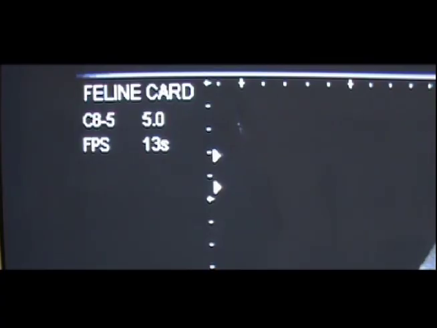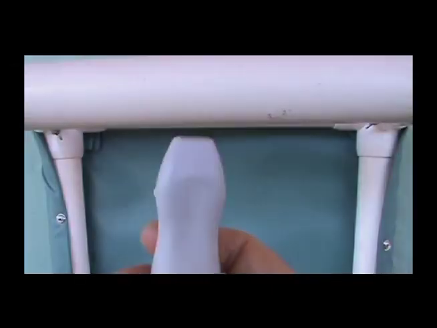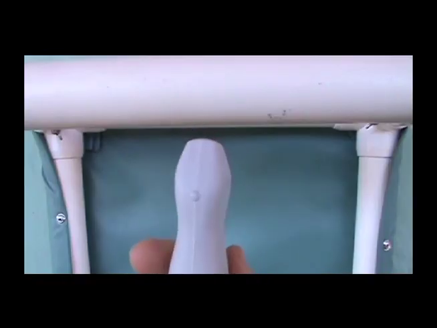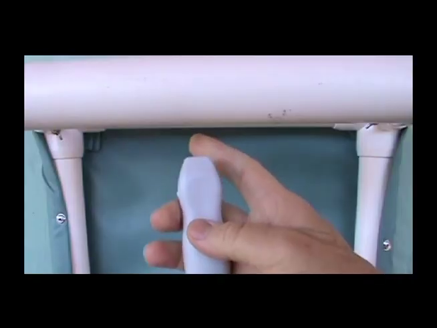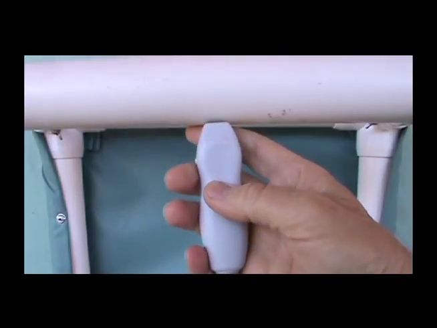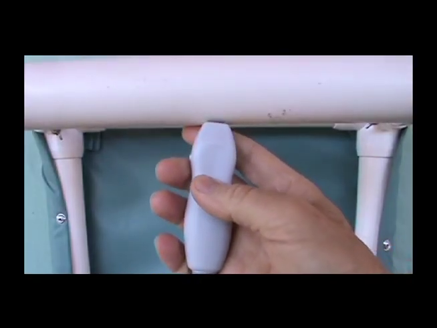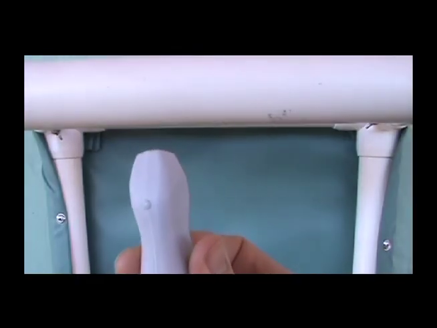The shallower the depth, the higher the frequency you can choose, and the better the cardiac image should be. My guideline is that the smaller transducer with the higher frequency can be used on cats and small dogs less than 40 pounds in body weight.